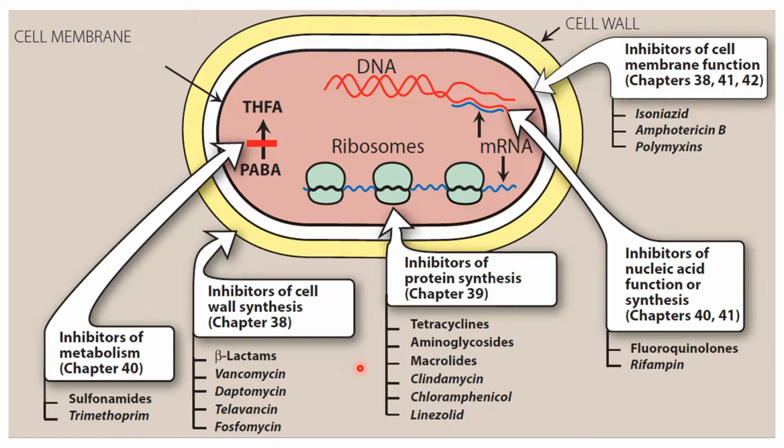That is why the inhibition is selective for the bacteria, and the protein synthesis inhibitors include tetracyclines, aminoglycosides, macrolides, and also some chloramphenicol, which is actually the most ancient drug, and then also clindamycin and linezolid are the new ones that are the most expensive of all these drugs. But tetracyclines and aminoglycosides are most commonly used. Macrolides are less common, and clindamycin is very effective but also the most expensive of all of them.